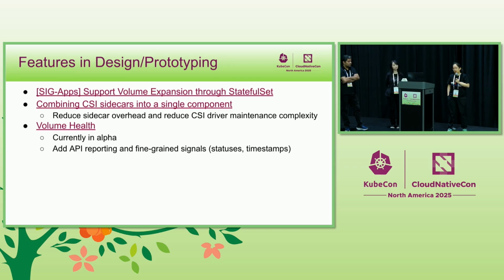We want to actually report it in an API, and also add more fine-grained signals to volume health, basically more statuses, and also some more detailed timestamps of when the last event was seen. This is going to allow people to better debug their systems and also potentially add automation to how to recover from some common scenarios.